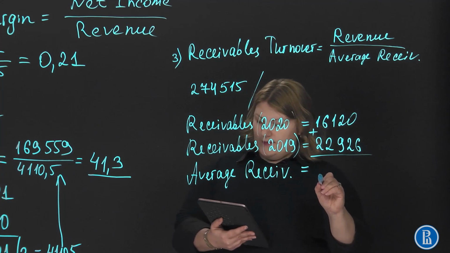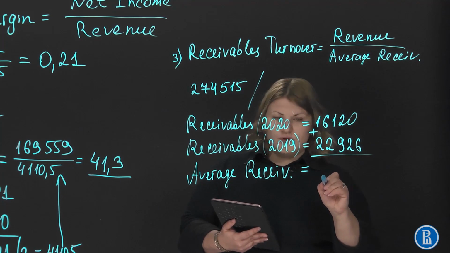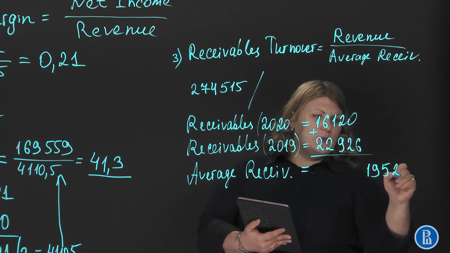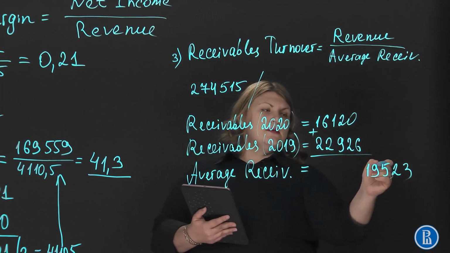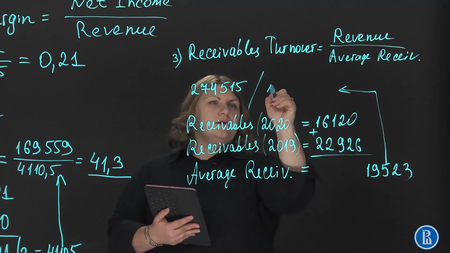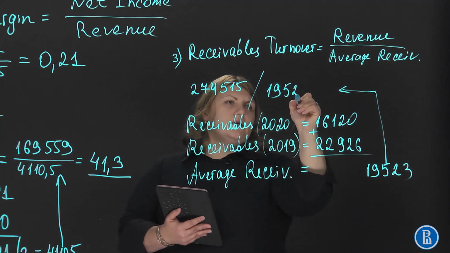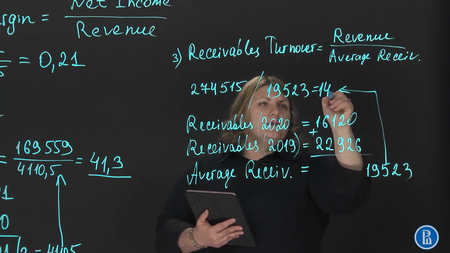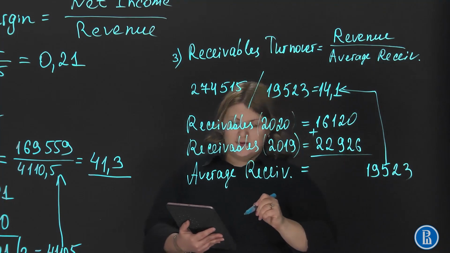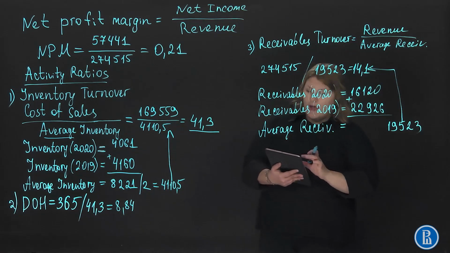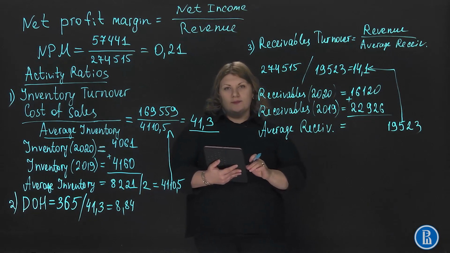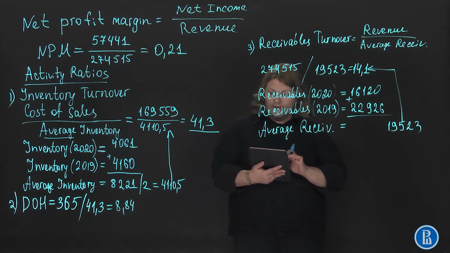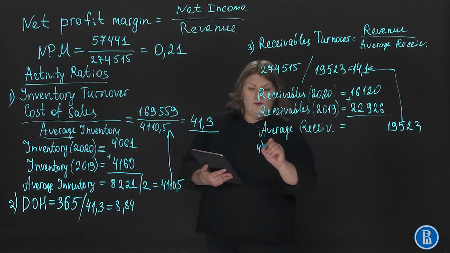And it should be 19,523. And this is where the figure goes, 19,523, giving us the result of 14.1 if rounded. This is actually the average amount of days when company receives money for the sales.